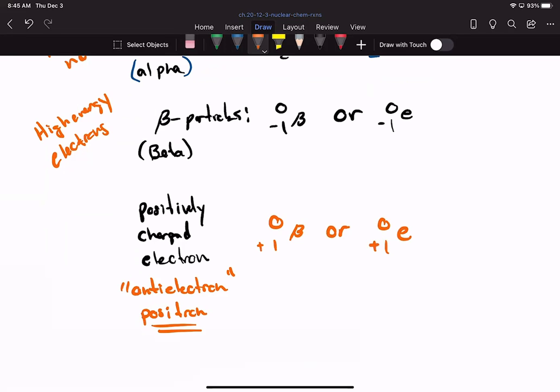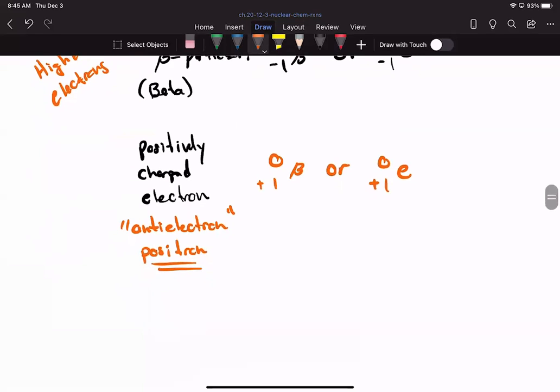So that's going to be our difference between our electron or beta particles and what we're going to consider positrons here. Positrons are, if you've ever heard of the word antimatter, right? Positrons are a great example of what we consider antimatter.